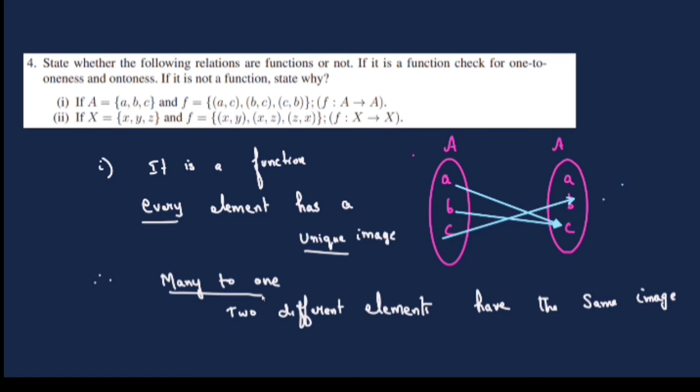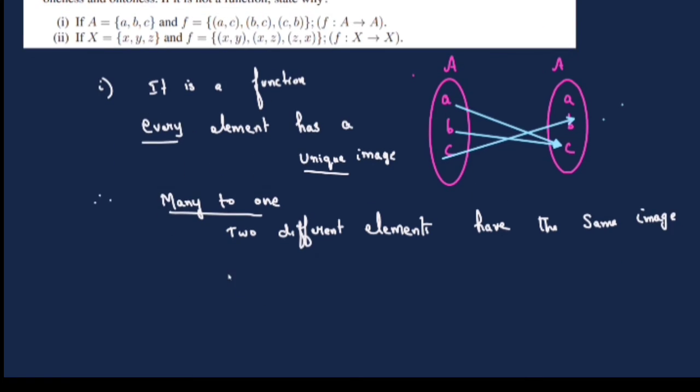Is it an onto function? What is an onto function? You have to check the codomain. What is the codomain? Set A itself. What is the range? BC. Are they equal? The codomain is ABC, and the range is BC.